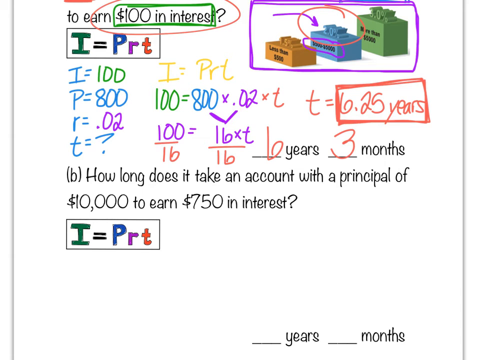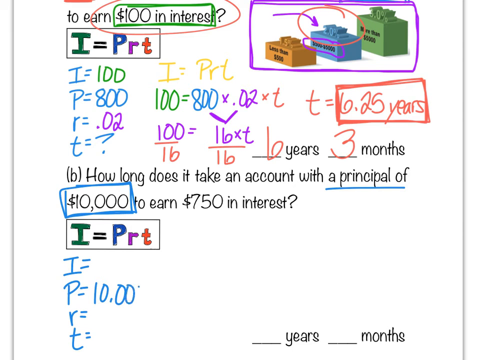Part B says, how long does it take an account with a principal of $10,000 to earn $750 in interest? So again, I'm going to write I equals, P equals, R equals and T equals when I solve this problem. It says a principal of $10,000. That's going to be our P variable, 10,000. And then to earn our interest of $750.